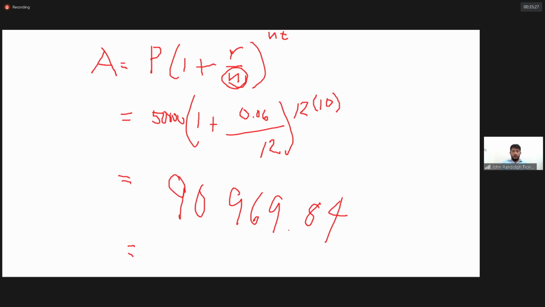So when the principal P in pesos is invested at an annual interest rate r in percent, compounded continuously, the amount A accumulated after t years is given by that formula: A equals P, as your principal, times e to the power of r times t.